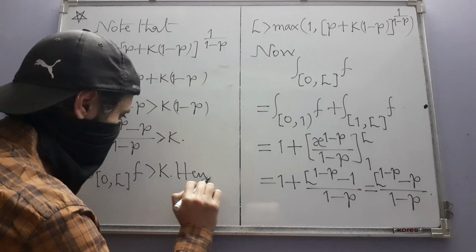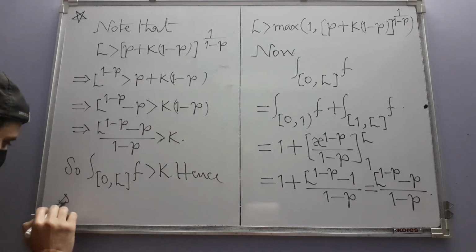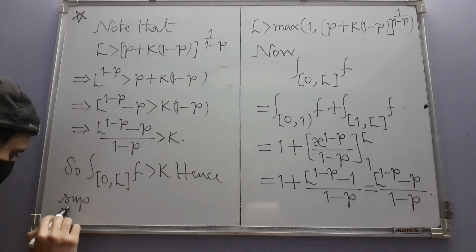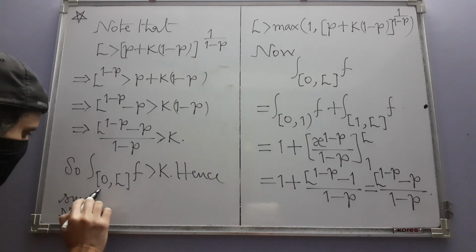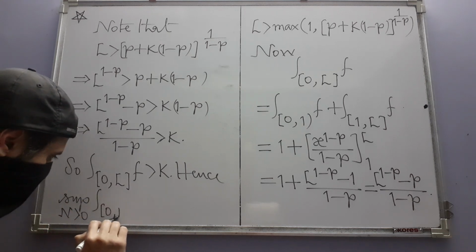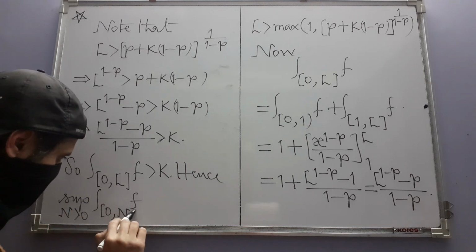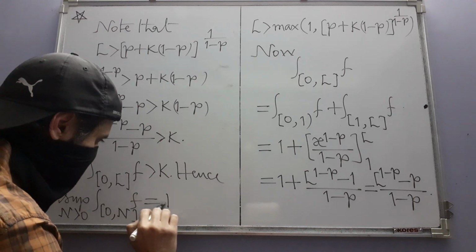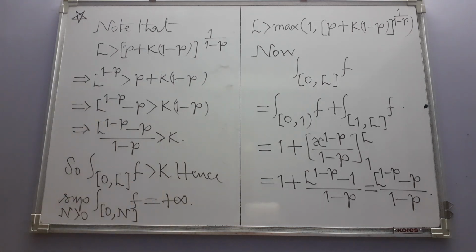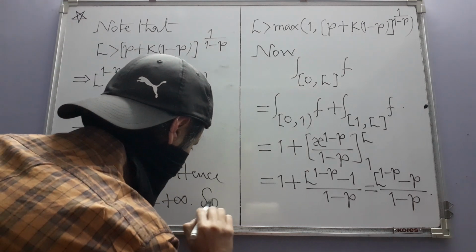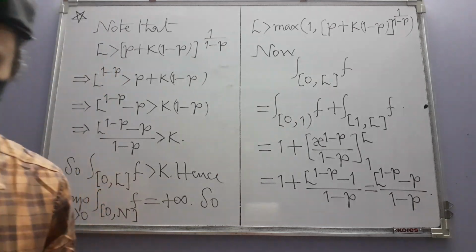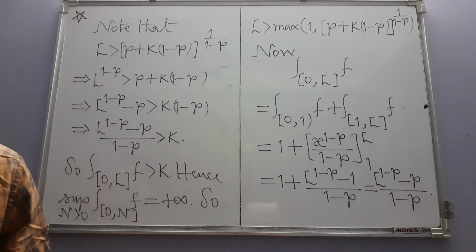Hence, again a similar conclusion that the supremum is equal to plus infinity. So, by our proposition, the series is divergent.